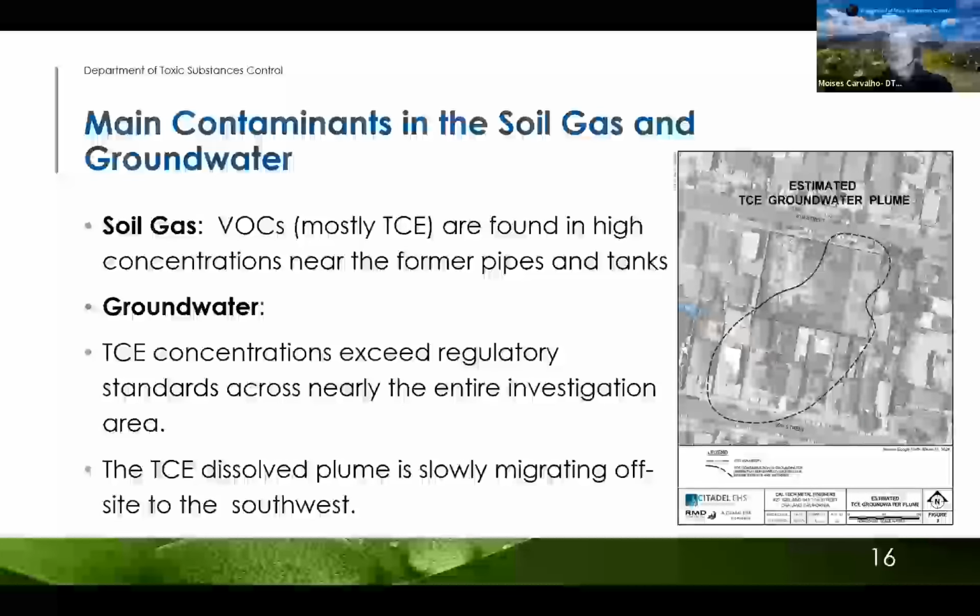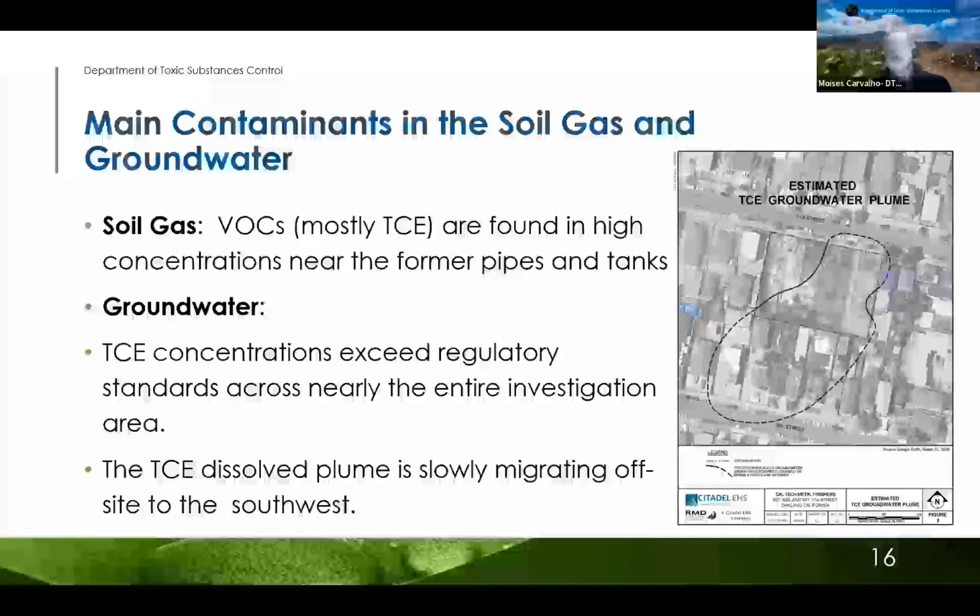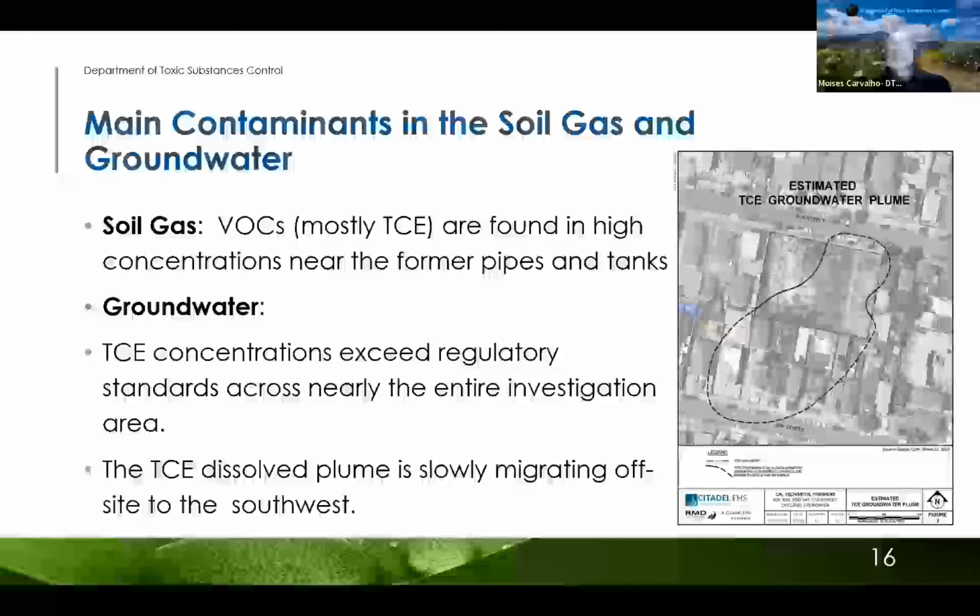What are the main contaminants in soil gas and groundwater? The contamination was not found just in the soil. We also found TCE in soil gas and groundwater. TCE is concentrated in the center and south portion of the site in the areas of the old tanks and piping. Leakage occurred.